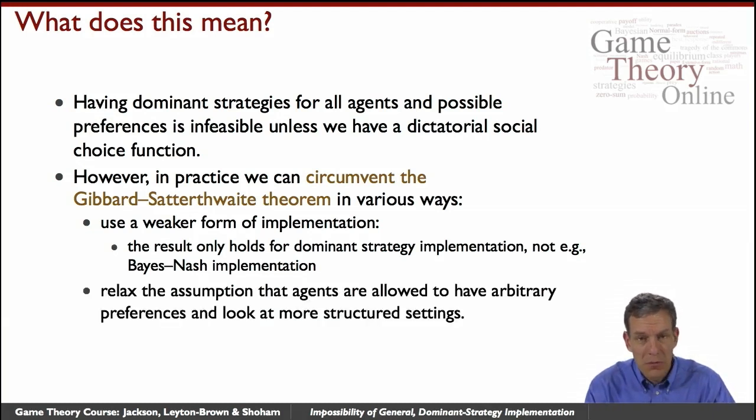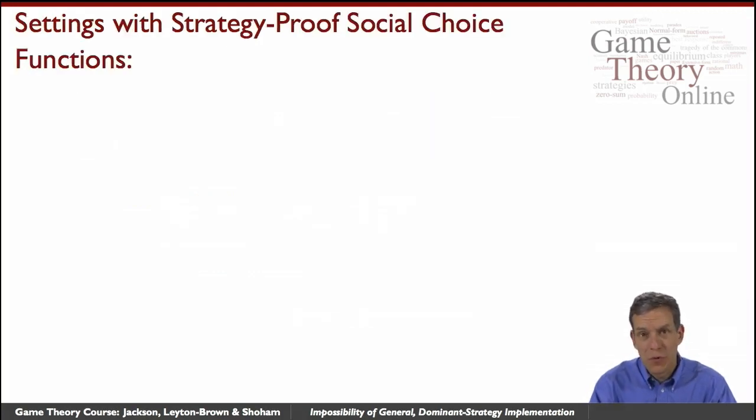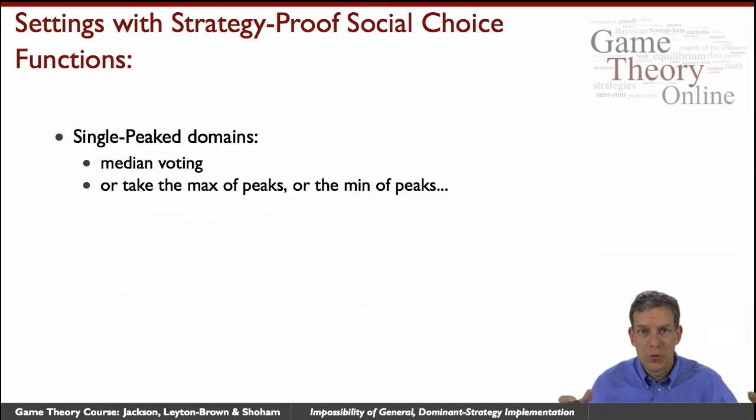We could relax the assumption that people have arbitrary preferences and look at more structured settings. And indeed, when we do that, we're going to find much more interesting and positive results in terms of rules that we can apply. So more interesting rules, I should say, not more interesting results. The Myerson-Satterthwaite theorem is a very interesting result.